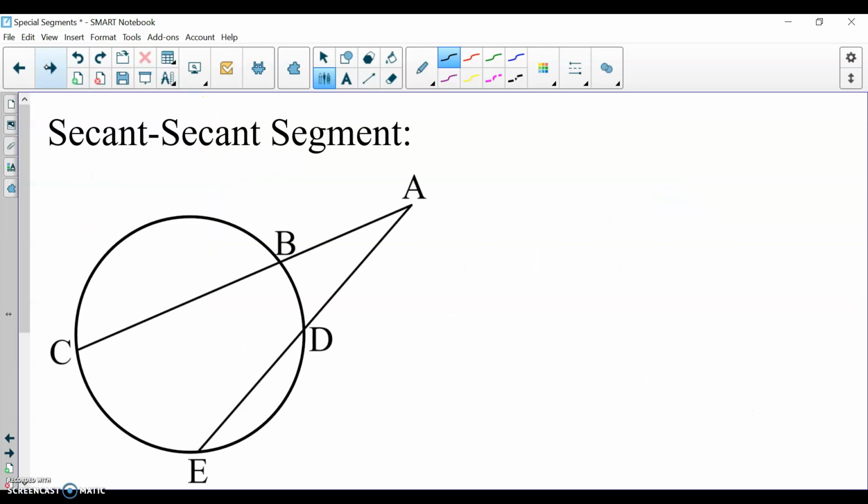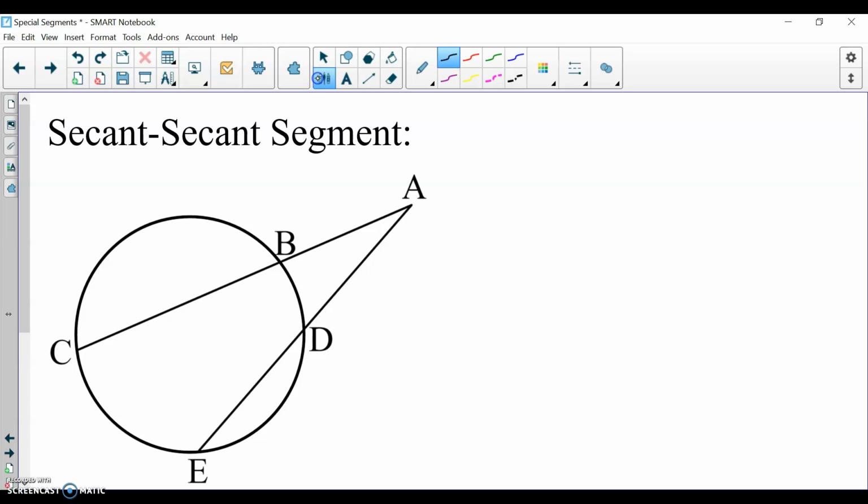The next relationship that they talk about is the secant-secant segment relationship. And this formula works with the external and the internal parts for each secant segment. Okay. Formula, I'm going to write this a couple different ways for you guys.